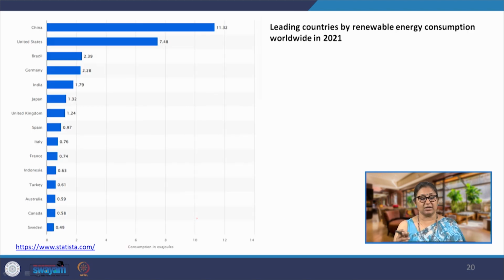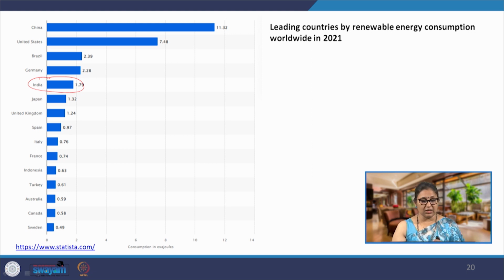And if we look at the countries which are doing very good as far as the use of renewable sources of energy production are concerned, then we see that India, so this is again 2021 data, as of 2023 India is at number 4 and we are doing very good as far as renewable energy consumption is concerned.